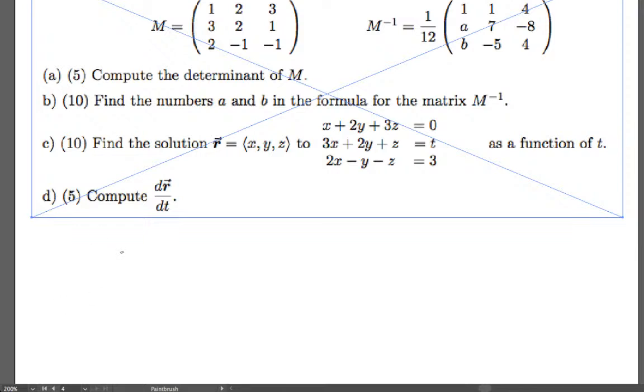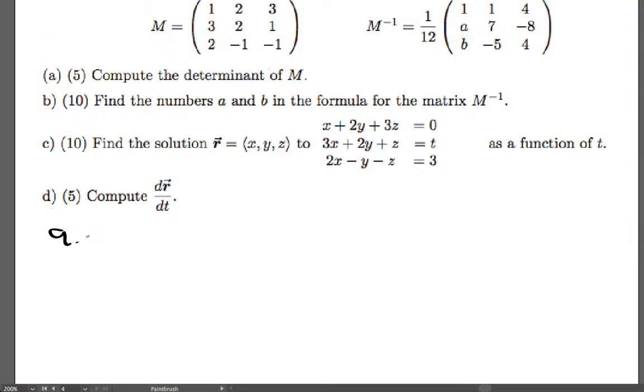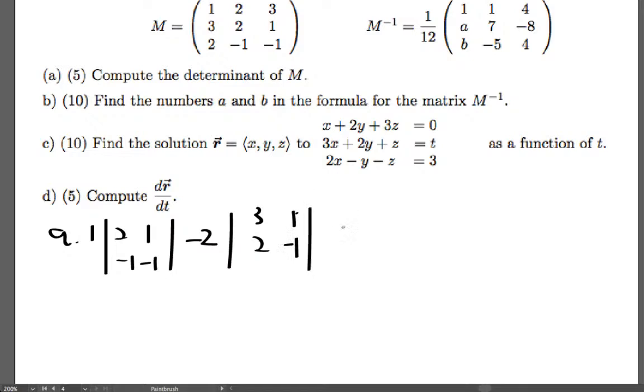So yeah, basically I have told you about trying to find the determinant. So for A here, it would be 1 times the determinant of [2, 1; -1, -1], subtracted by 2 times the determinant of [3, 1; 2, -1]. And lastly, plus 3 times the determinant of [3, 2; 2, -1].